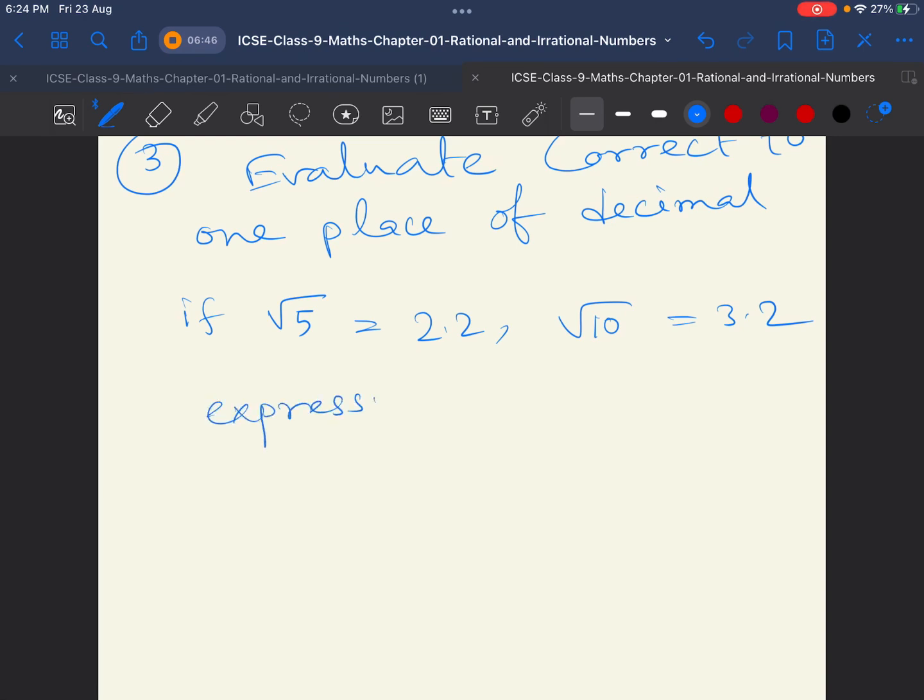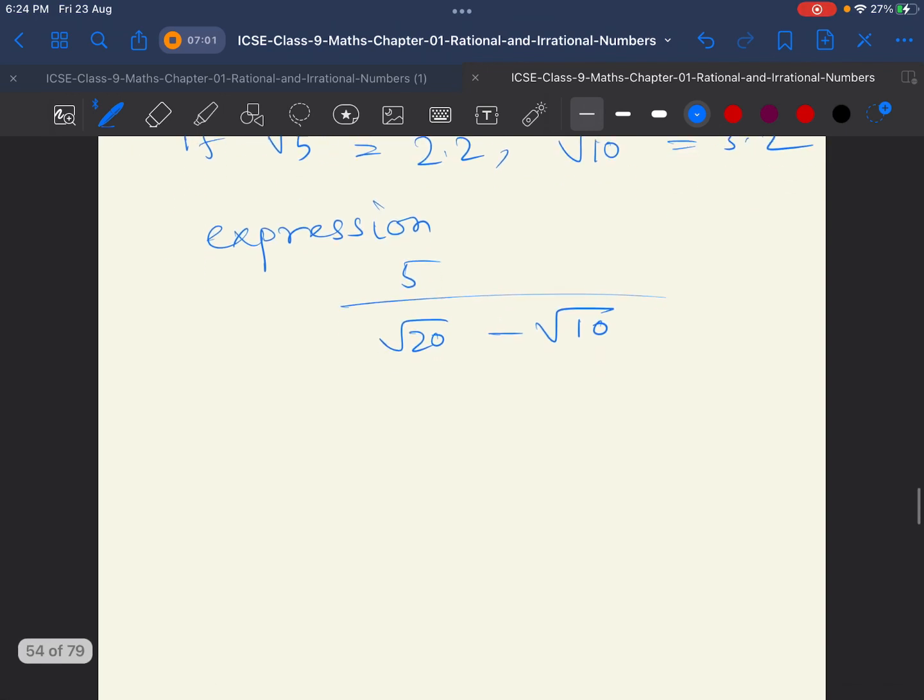So here expression is 5 by root 20 minus root 10. So evaluate correct to one place of decimal. If root 5 is 2.2, root 10 is 3.2, so expression this simplify.